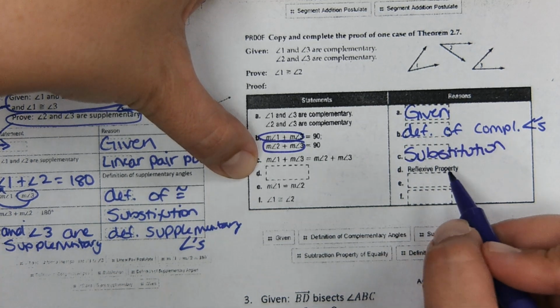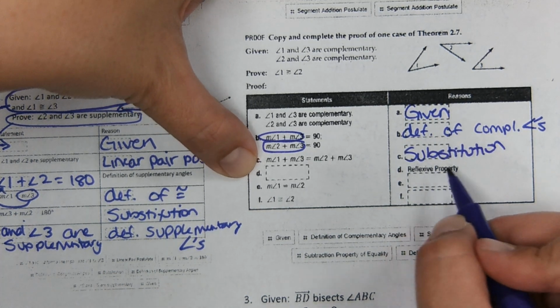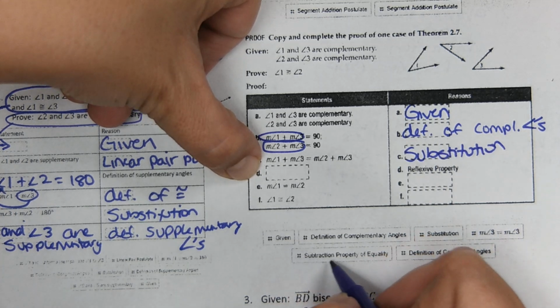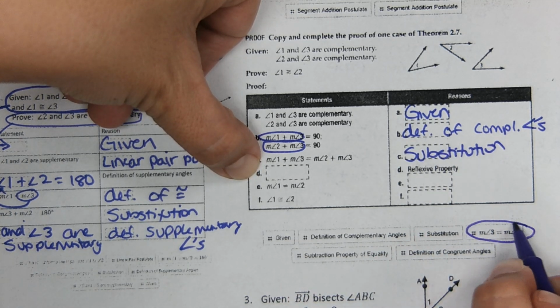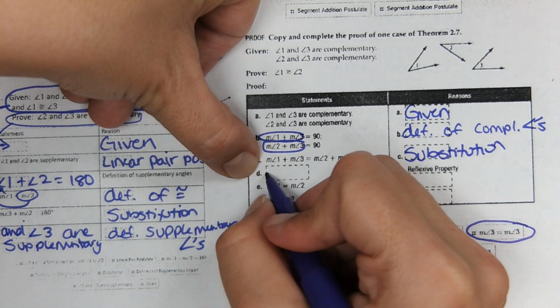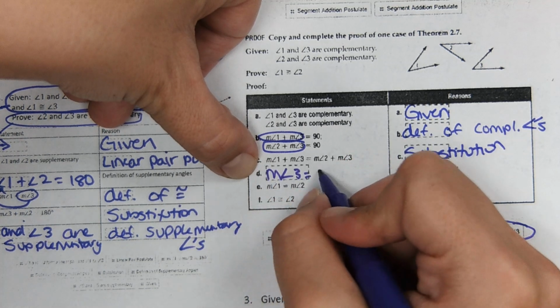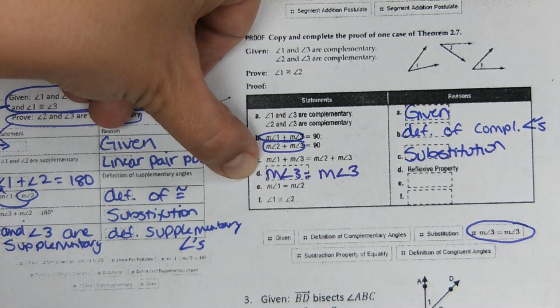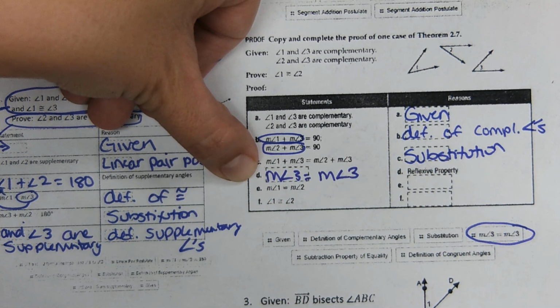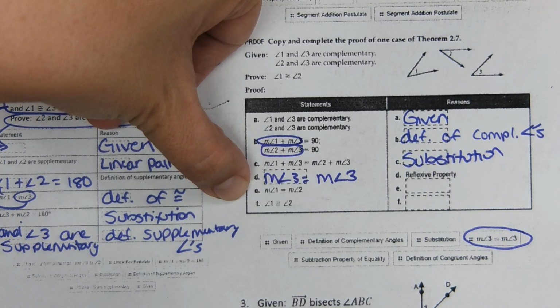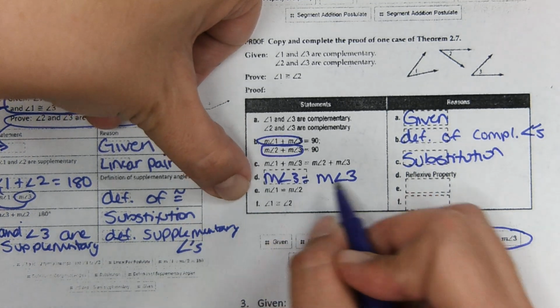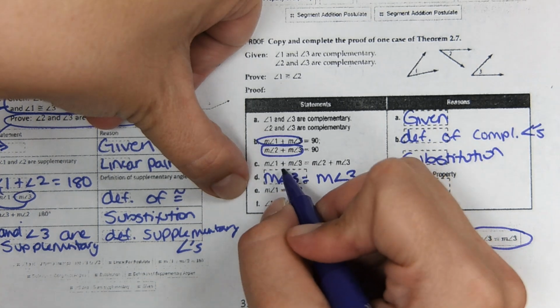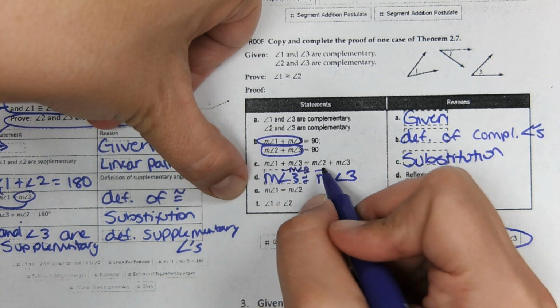The next statement says reflexive property, which may throw you off, so I would just look at the answer bank, and here is clearly reflexive property, so I'll just drag and drop that here. Then from there, what they did was they subtracted measure of angle 3 from both sides.